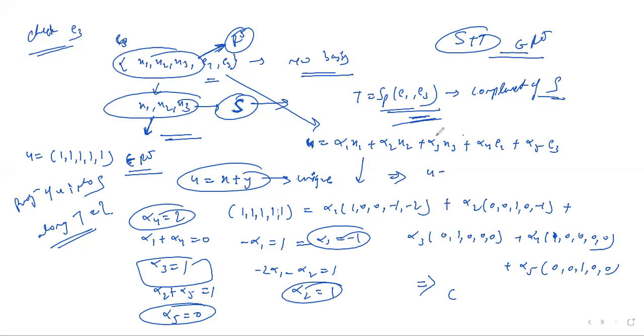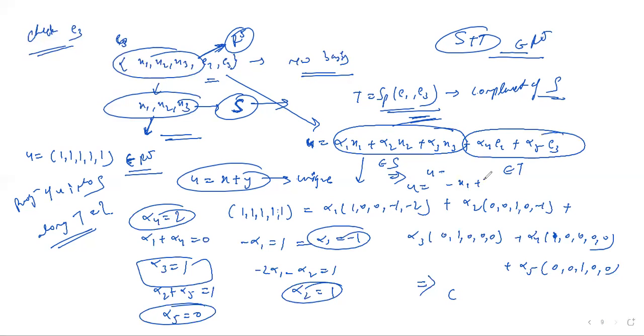I can write this u in this format, where this is the vector which belongs to S, and this is its complement which belongs to T. I can write u as minus x1 plus x2 plus x3 plus 2 e1 plus 0 e3.